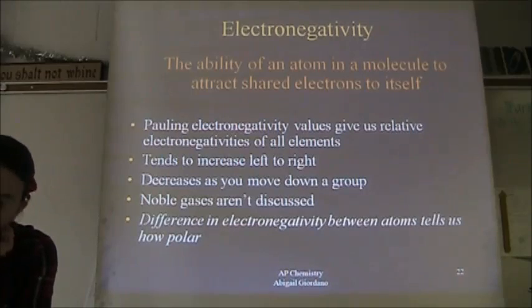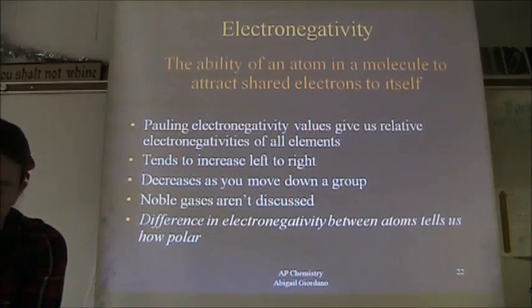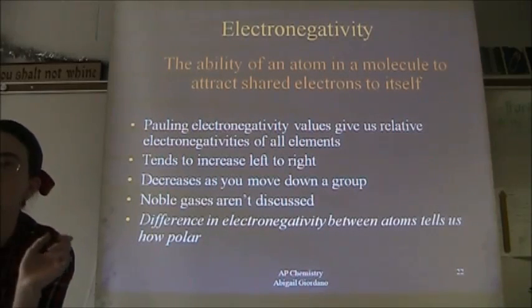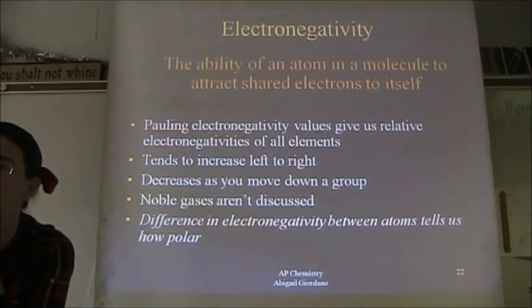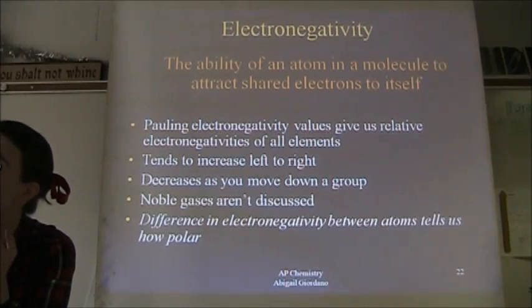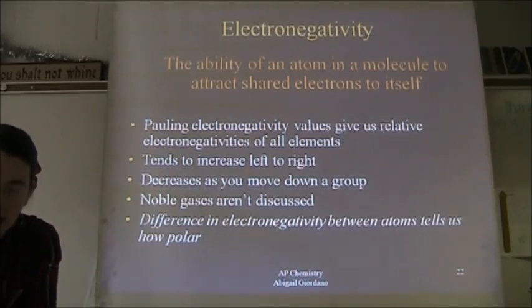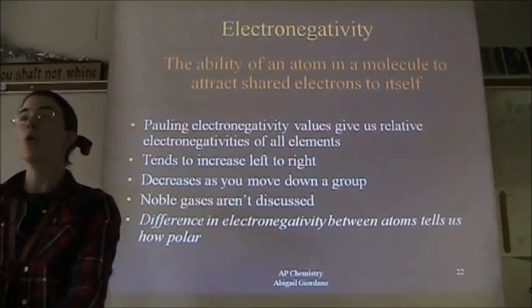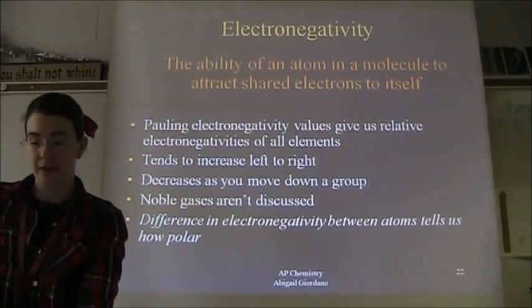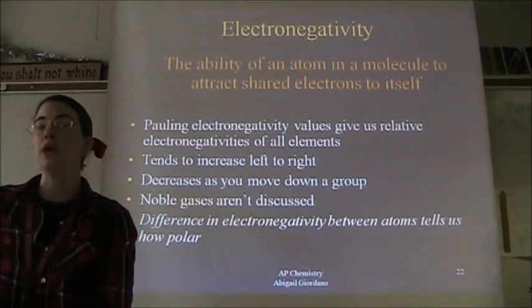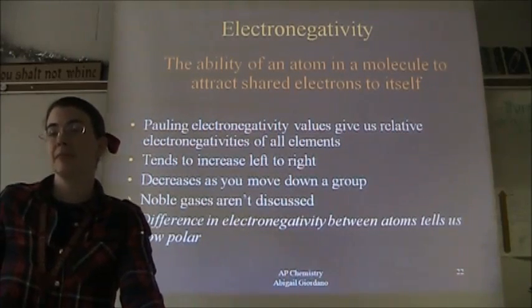What would be the electronegativity difference between an atom of carbon and another atom of carbon? 0. So what kind of bond would that be? A non-polar. Okay. How about the difference between boron and polonium down at the bottom?